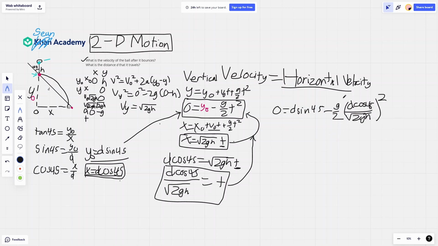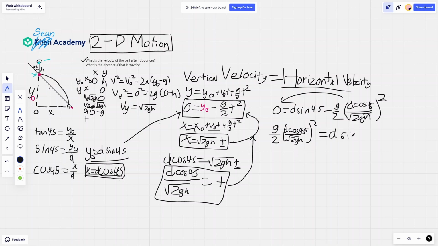So we're going to move this over to the other side by adding g over 2 times d cosine 45 divided by the square root of 2gh squared to both sides. So we'd get d sine 45 equal to g over 2 times d cosine 45 divided by the square root of 2gh. That quantity is squared. Let me make that clear.